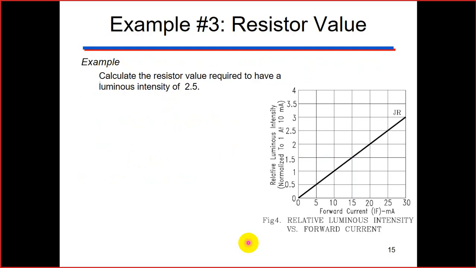So we are doing an example. Calculate the resistor value required to have a luminous intensity of 2.5. So we need to find out the corresponding current for it. If you look at the graph, at 2.5 intensity brightness, this is the amount of current we get from the graph, 25 milliampere forward current.